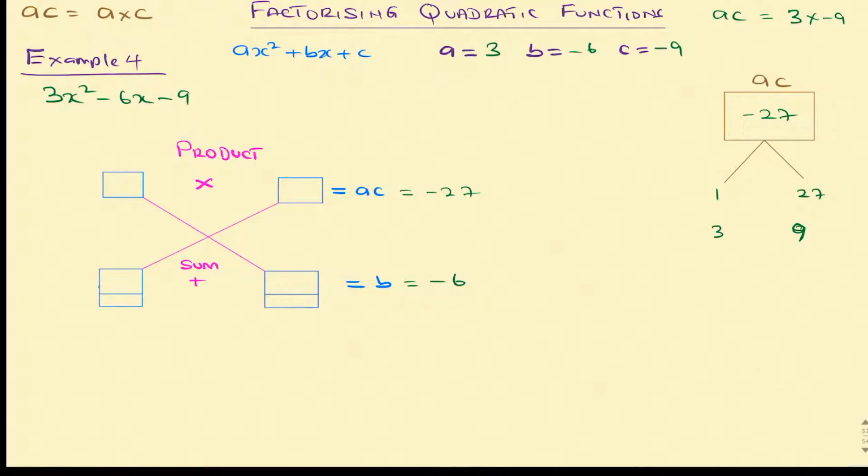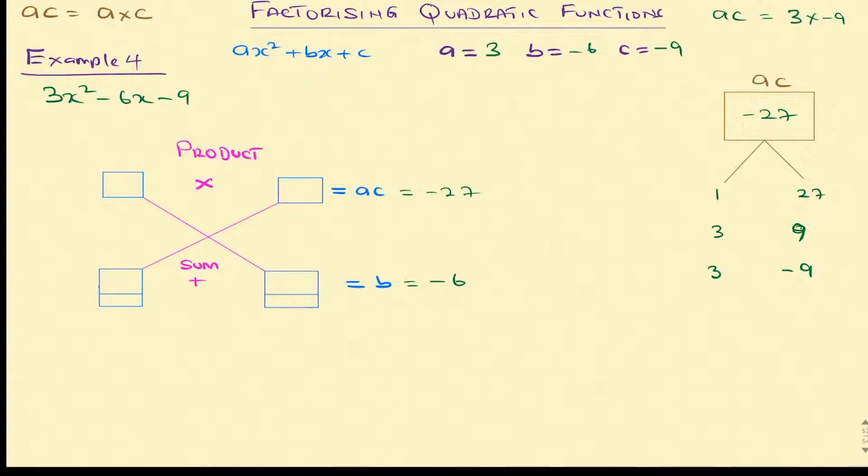Well, 3 plus 9 is 12. That wouldn't work, I'm looking for minus 6. So if I try 3 and minus 9, that will give me minus 6, and hence minus 27 when we multiply them together.